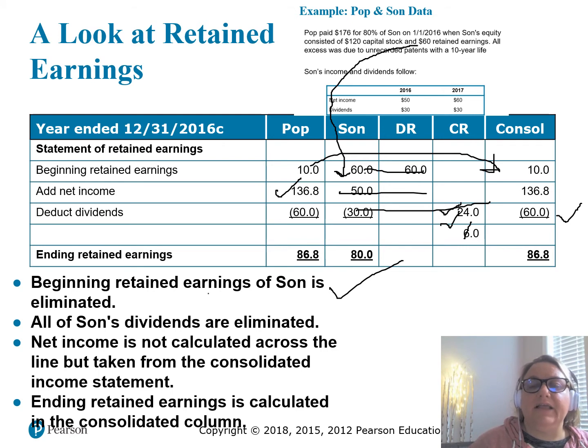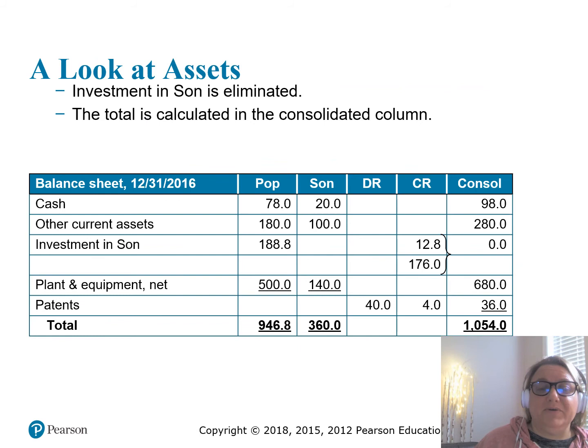All right, so the retained earnings is a great, easy sheet for you to work. It's pretty much kind of like a capstone of everything that's happened. Okay, so now at this point we're starting to feel like old hat. Like we should have a good handle on this. So now what we're going to do is take a look at the assets next. Note now that the investment in Sun has been eliminated.